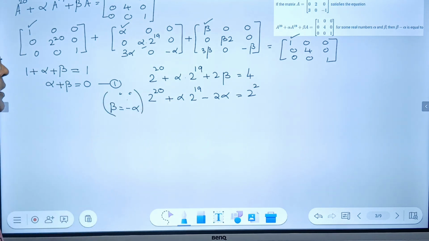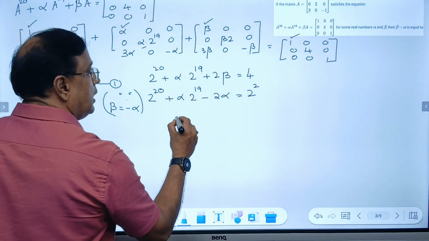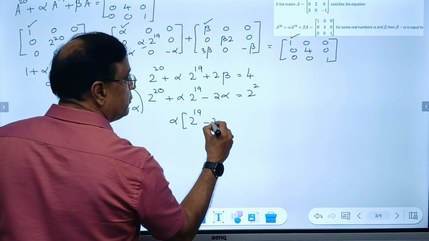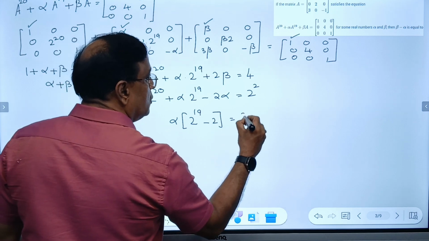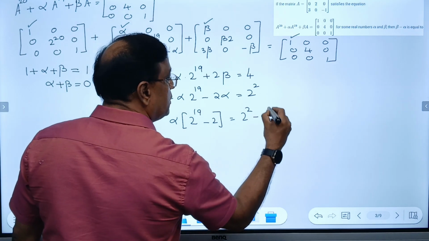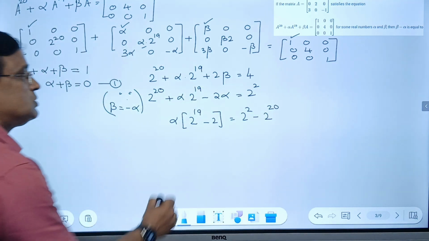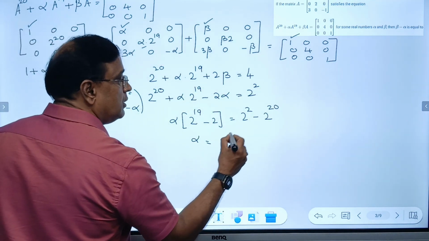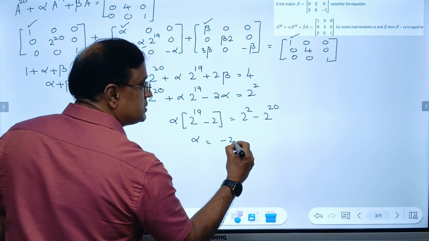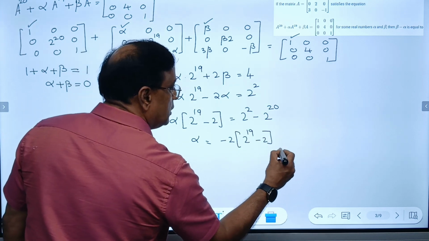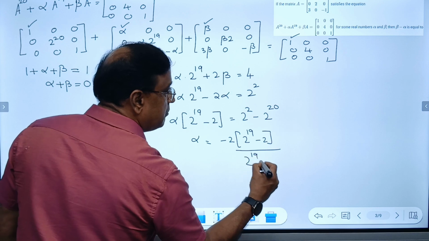Okay. Now what is common here? Alpha is common. What do I get? Alpha into (2 power 19 minus 2) equal to 2 square minus 2 power 20, taking the 2 power 20 to that side. So what is alpha equal to? I'll take minus 2 outside. So you get (2 power 19 minus 2) divided by (2 power 19 minus 2).